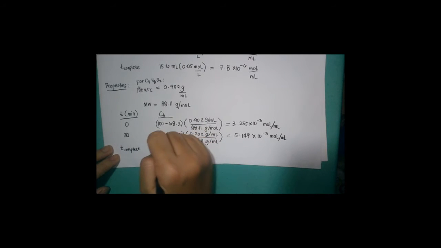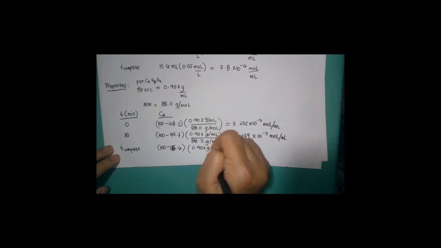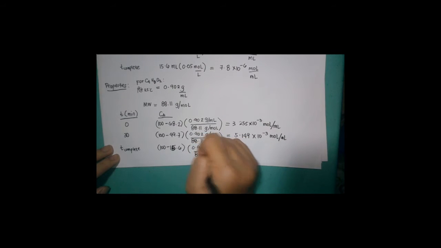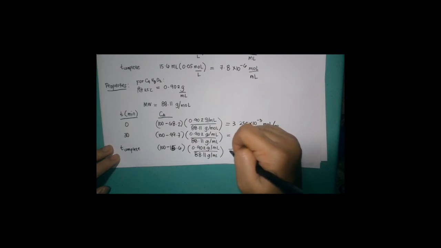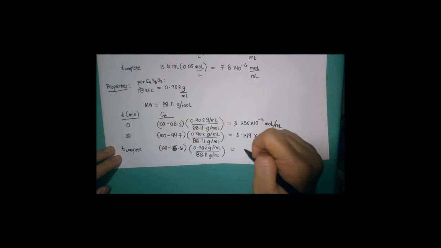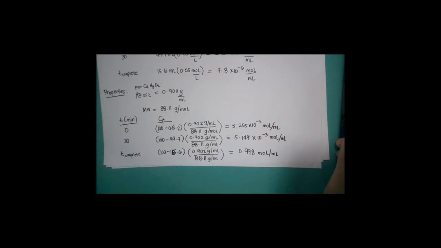Also at time complete, we have 100 minus 15.6 times 0.902 gram per ml over 88.11 gram per mole equals 0.998 mole per ml. So, this is our data.